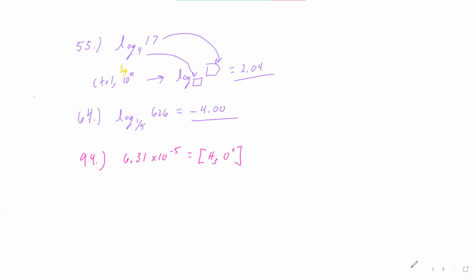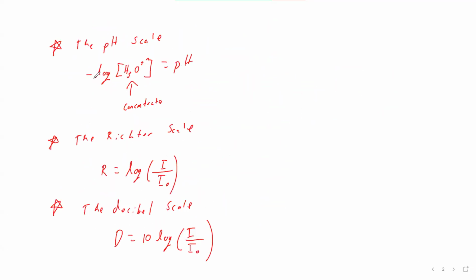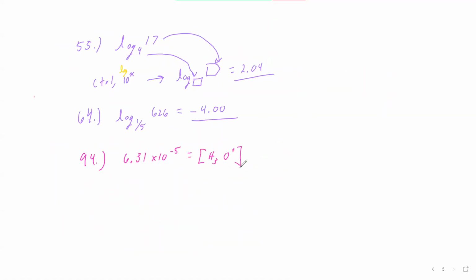The formula, if you go back to the beginning, is negative log of that. So this will be negative log of H3O plus. All I'm going to do is take this value and plug it in, so my answer is negative log of 6.31 times 10 to the negative 5th.